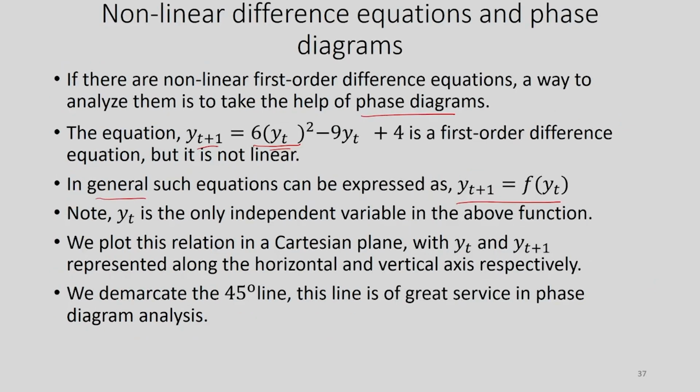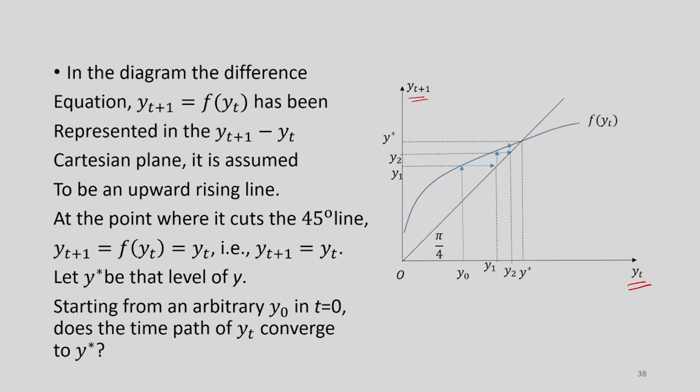Okay. Now, additionally, what we have done is that we have plotted this function, right. This function is y(t+1) is equal to f of y(t). This line, as you can see, is not a straight line, and that is precisely the reason why it is a non-linear relation that we are dealing with.